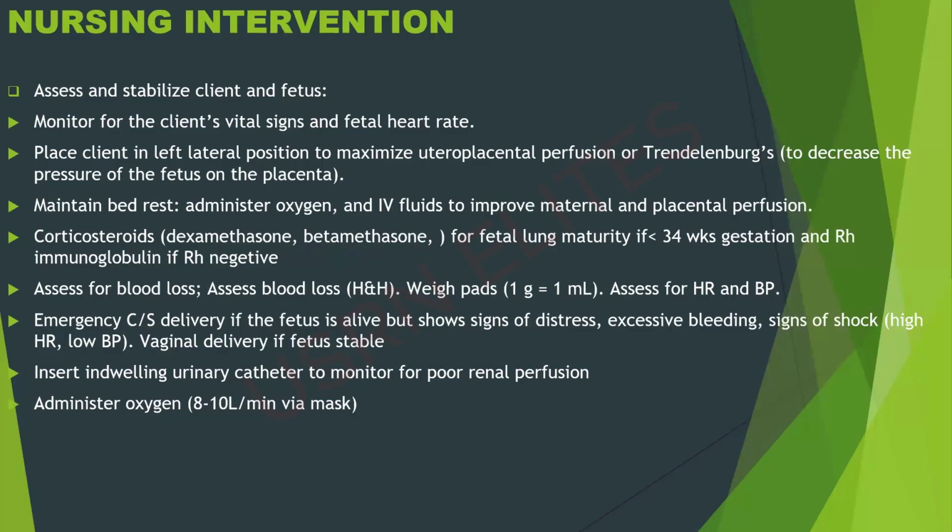So that is what is happening. If there is clotting, finally all these clotting factors I mentioned will be used up, and then the mother also enters into a phase of bleeding. So DIC is clotting and bleeding occurring at the same time.